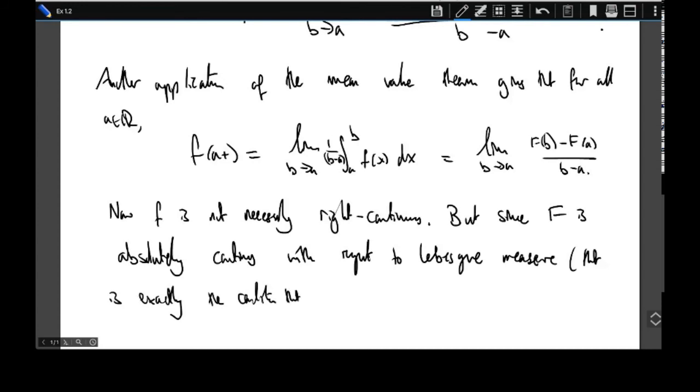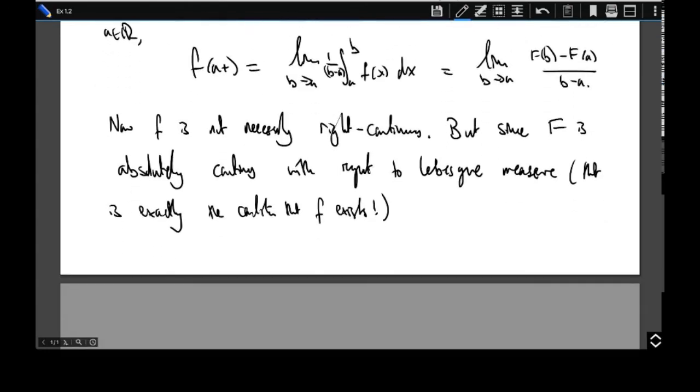So that is the condition that f exists. f exists if and only if capital F is absolutely continuous with respect to the Lebesgue measure. It must be everywhere differentiable.